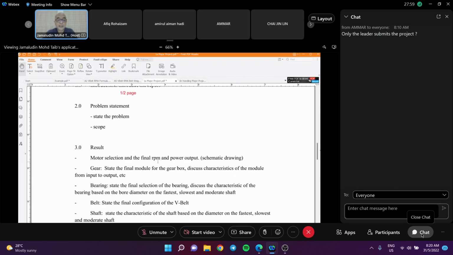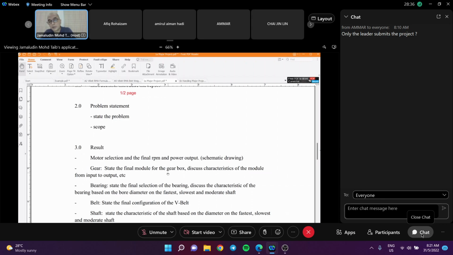Gear: you just state the final module for the gearbox. Let's say the faster one will be module 3. The slower one, maybe you can use a bit higher or lower, it depends. There may be a bit of difference between the faster and slower ones, because as it gets slower, the torque gets higher, since you are transferring power, torque times omega, and the power is the same.